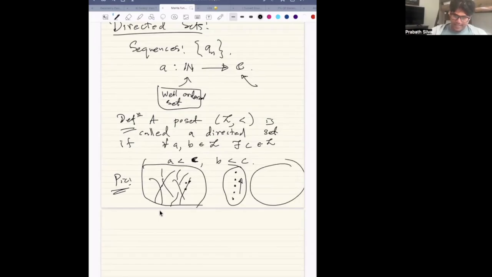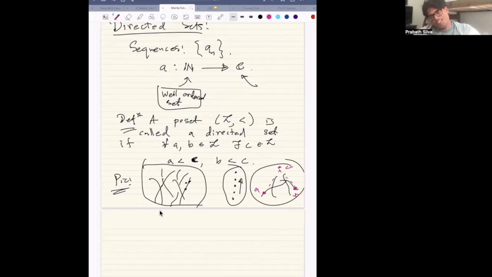So we can have all this weird stuff, but no matter where you are, we have two elements A and B, and there is a C sitting above both A and B. So we can be really messy, but we can always go to larger elements; they have common upper bounds.